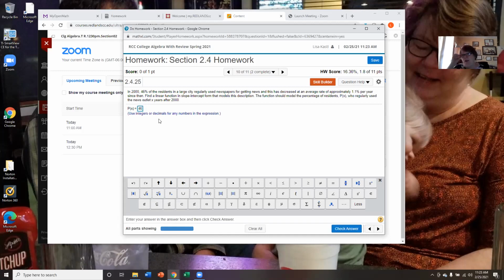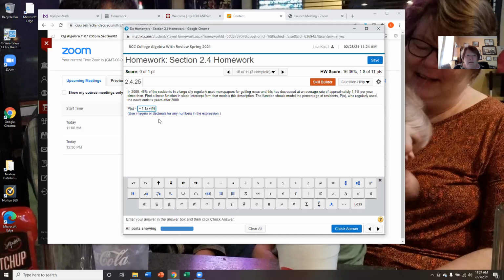Now each year, the percentage of people using the newspaper is decreasing by a rate of 1.1%, which means the slope is negative. So this would be negative 1.1x plus 46.